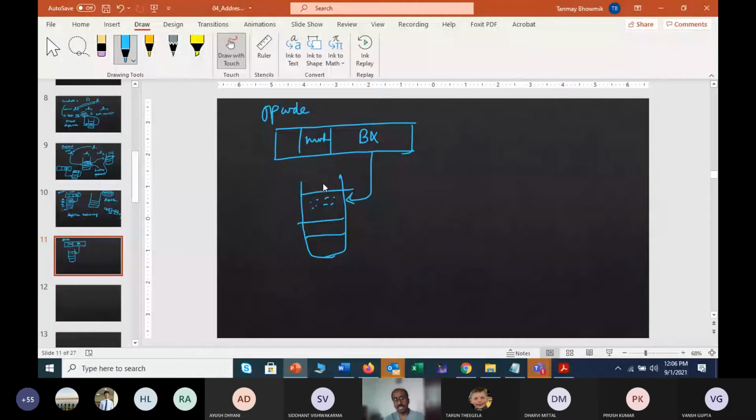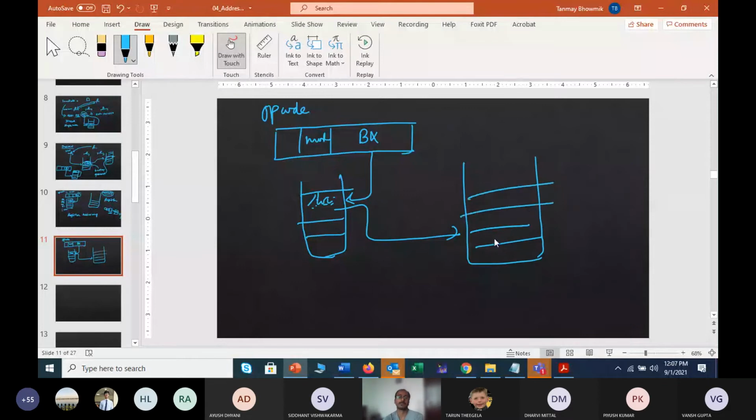So in register indirect addressing, when you find this register, you get not data but a location, so you will jump to that particular location. Maybe this location address has been stored here.